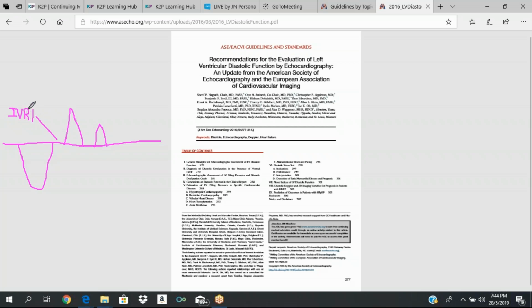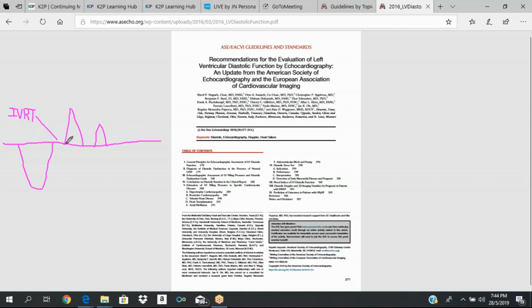So the aortic valve opens, blood flows across the left ventricular outflow tract, then the aortic valve closes, and nothing happens, okay? The aortic valve is closed, the mitral valve is closed, so there is no volume change.